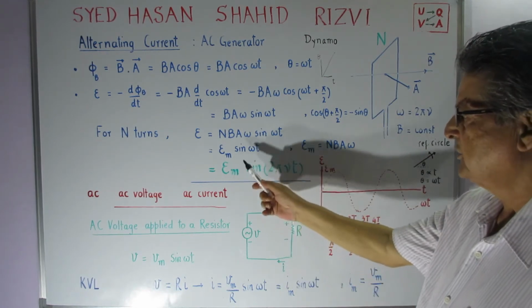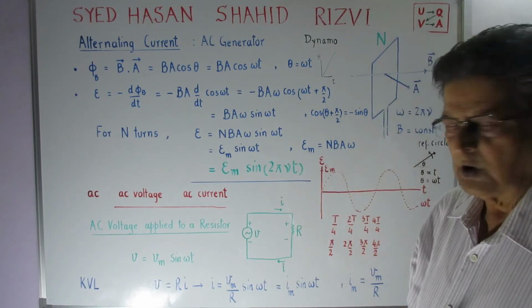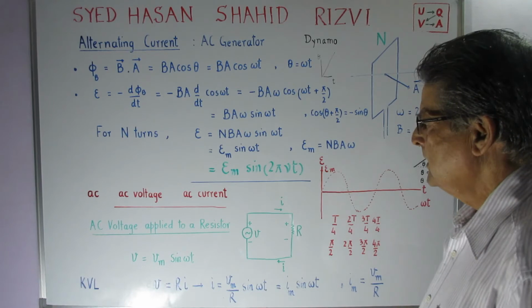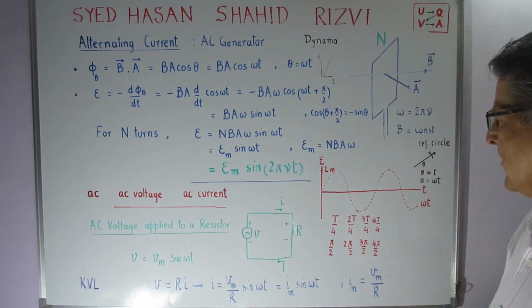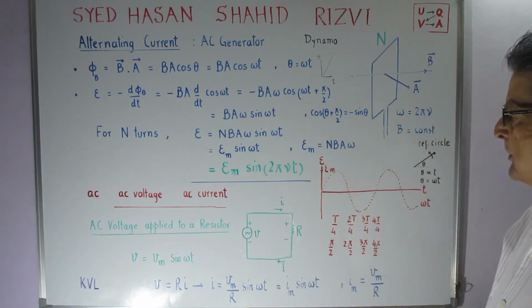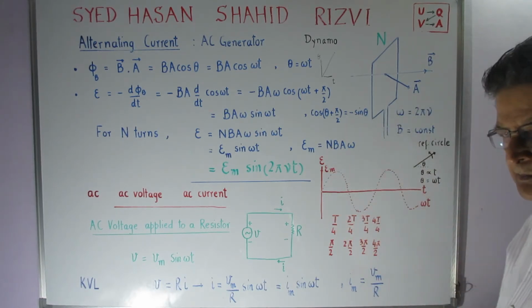So I can write this as Em sine of 2 pi nu t also, because omega is equal to 2 pi nu. Right? And then I can plot this expression, E equal to Em sine omega t or sine 2 pi nu t, as shown over here in the red diagram.